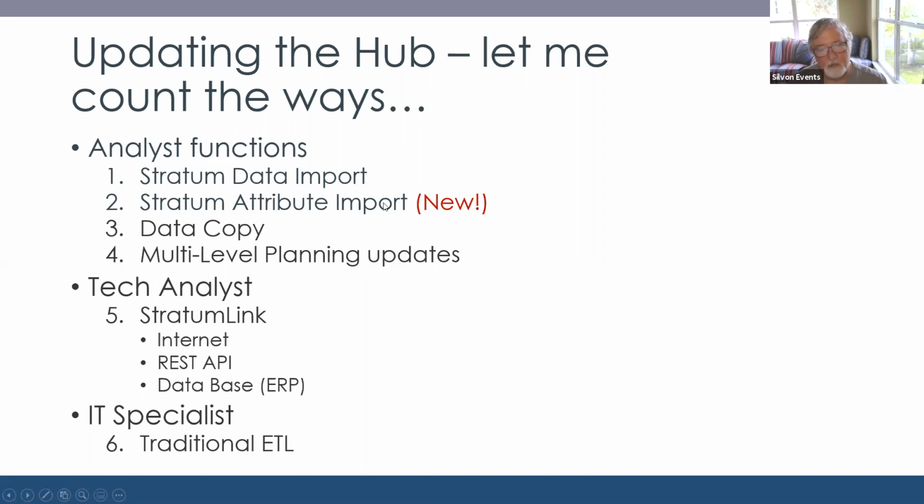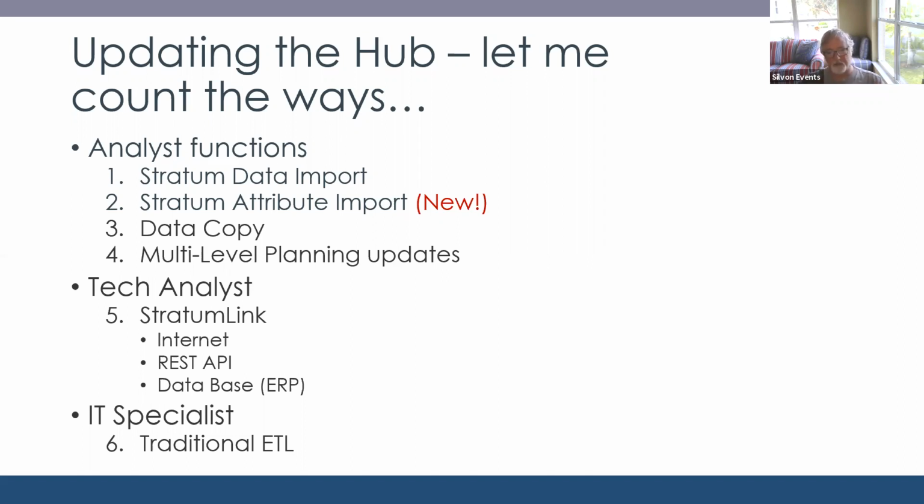The next thing that I wanted to talk about was our new Stratum attribute import, or master file import. So this allows me to import information to create new and different roll-ups within Stratum. So this allows me to say, hey, I've got all my products, I import them from my ERP, or I've got all my ISBNs, or whatever it might be.